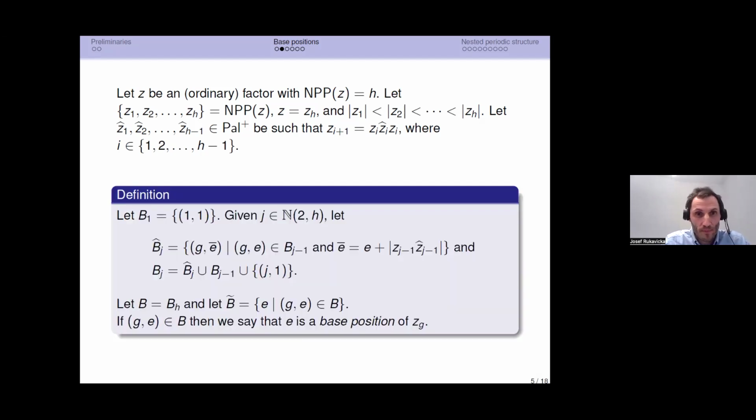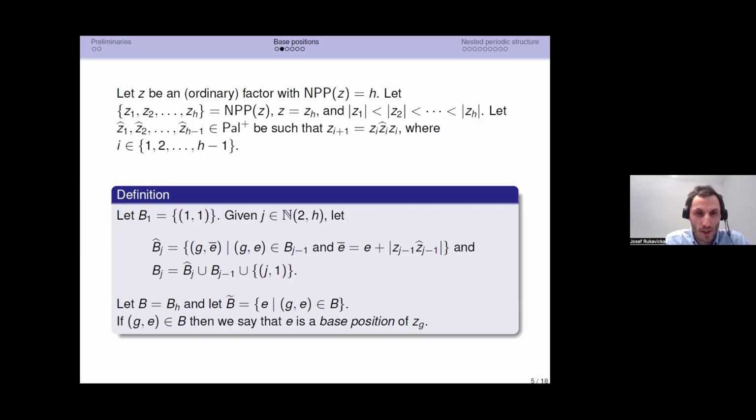Now for this word Z, I define the so-called base positions. Here is the formal definition. Well, it can be a bit confusing. I will show you a picture. I created a picture for this presentation, which is not in the paper.